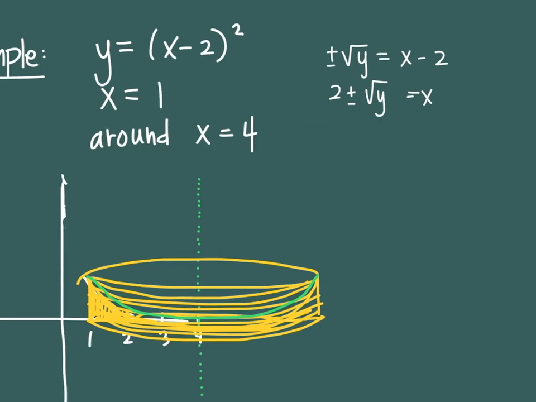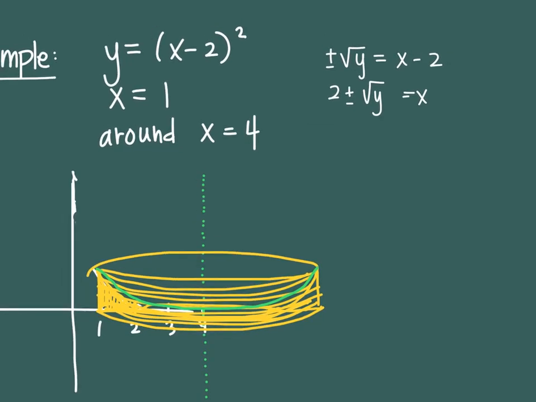Do we want the plus or do we want the minus? All right, what do you think? Now you go on which side of the parabola it is. Which of those two sides?